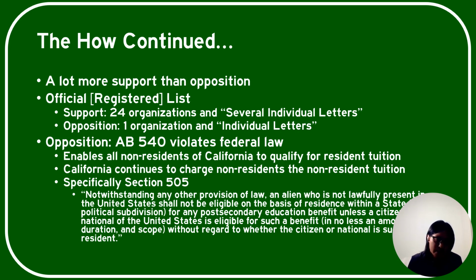They have a specific issue with Section 505, and I have it down here on the PowerPoint slide, and it basically says that if you consider these undocumented immigrant students as non-residents, right? So if they are non-residents and you are offering them eligibility to pay resident tuition, then therefore you should offer all non-residents the eligibility to pay resident tuition, right?